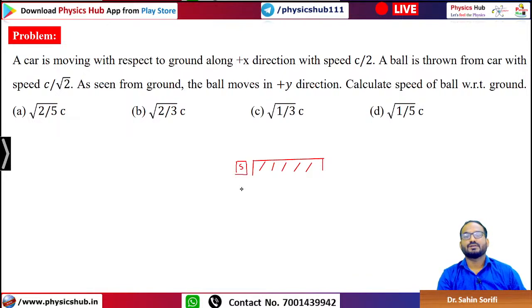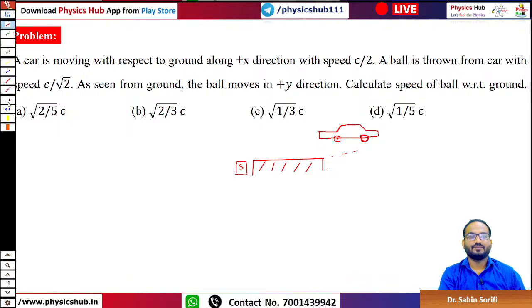Moving with respect to ground along x direction with the speed c. Okay, car is there, so what will the picture of the car be, friends? Let's draw a car. One wheel here, another wheel here.